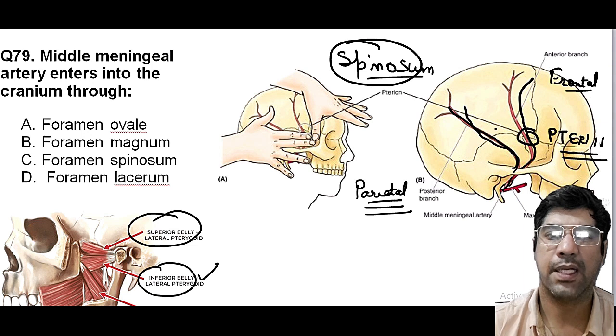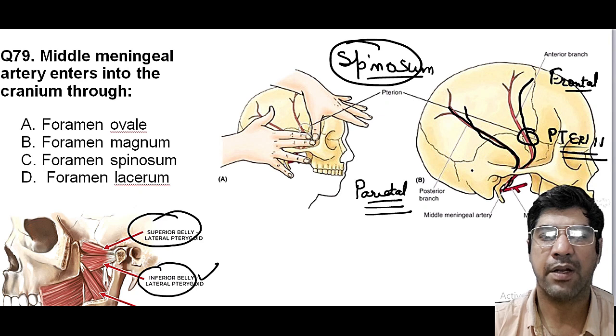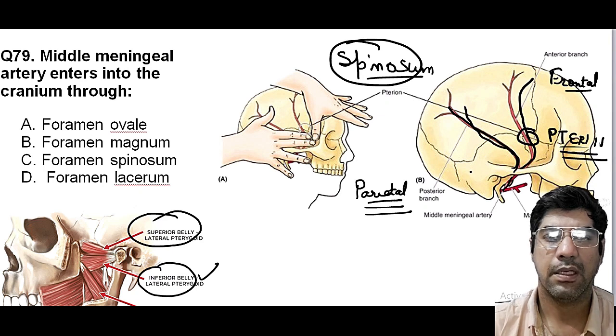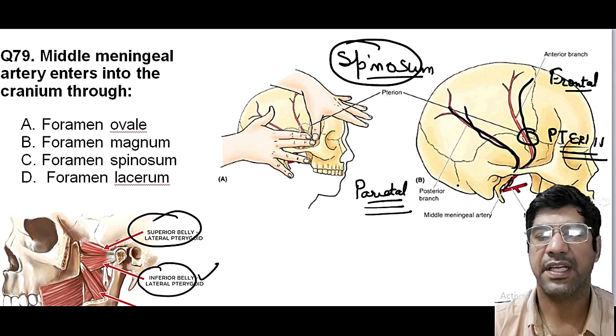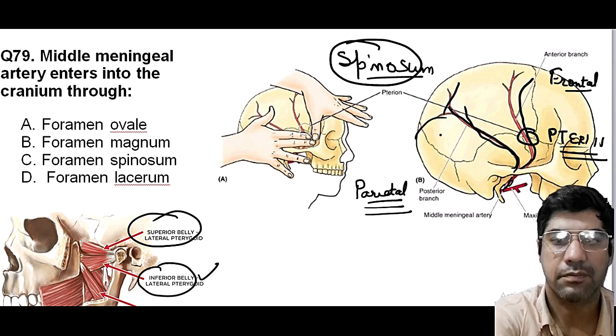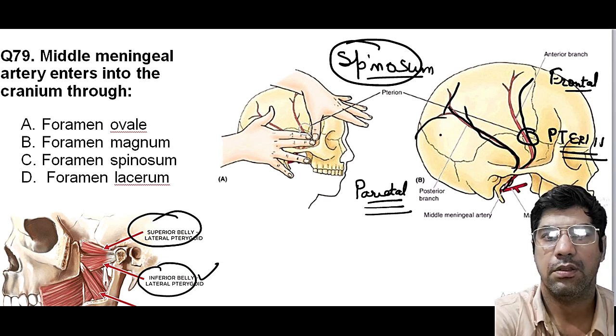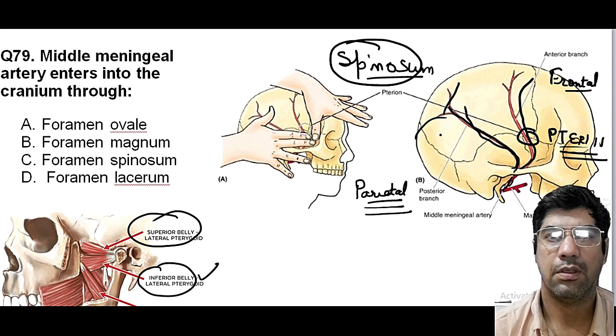The other branch is the parietal branch. This one is the parietal branch. It goes backward, following a groove in the brain surface, and it ends in front of a specific part of the parietal bone, and it splits into smaller branches.